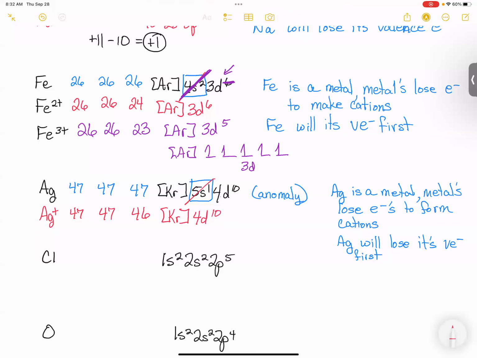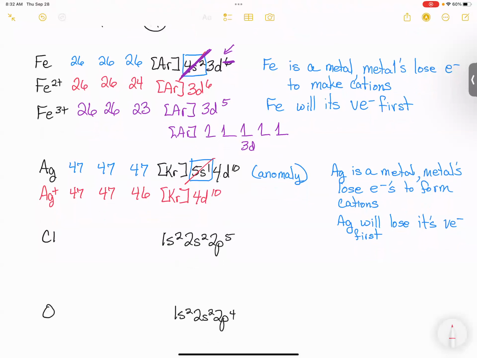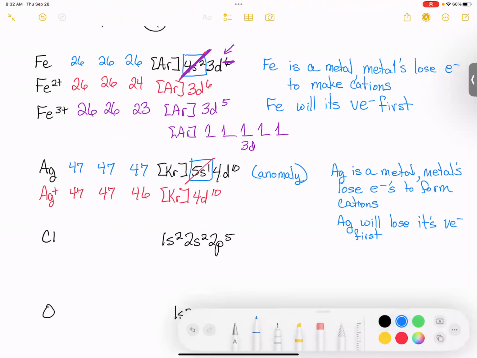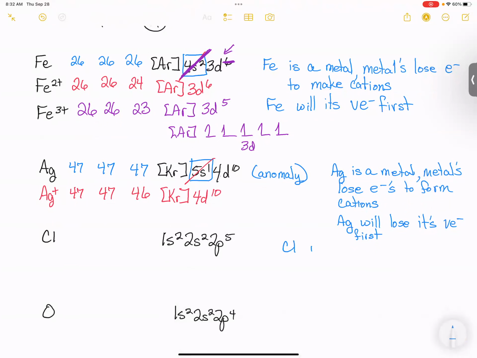Let's deal with our anions. Chlorine is a non-metal. Non-metals gain electrons to form anions.